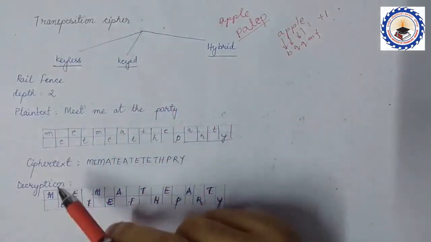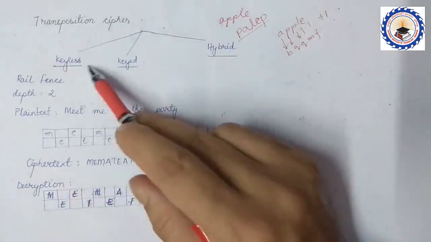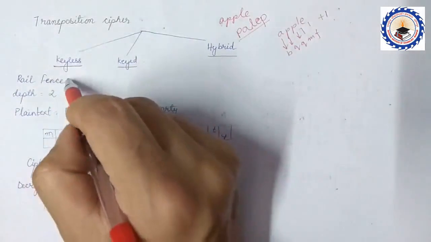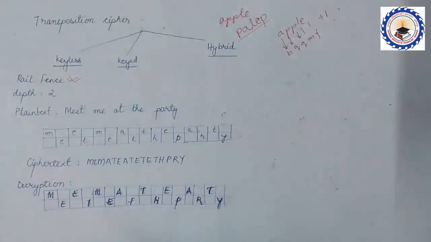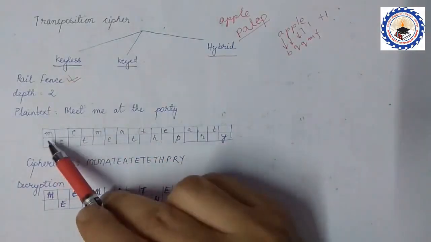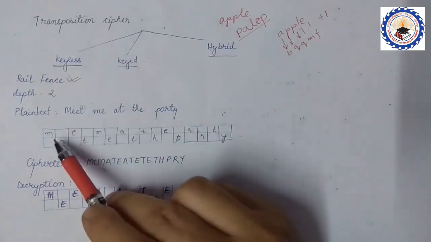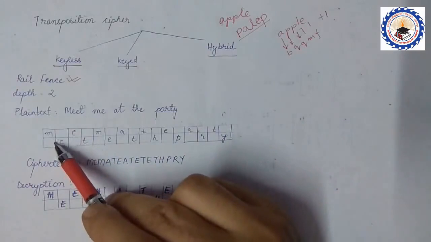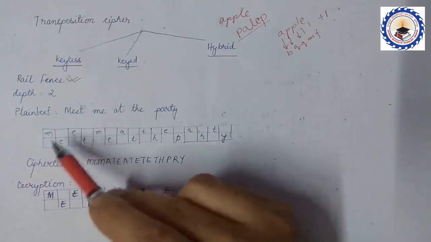Let us see one example of a keyless transposition cipher. The very best example is the Rail Fence cipher. If you look at this diagram, we have drawn a table consisting of 2 rows and many columns.